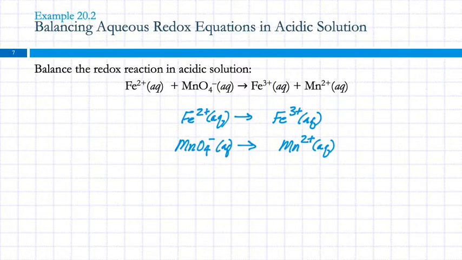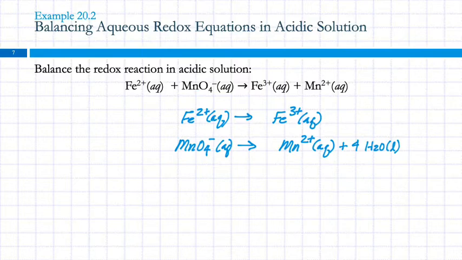I need to add water because that's what the steps tell me to do. So I'm going to add H2O, which is a liquid. We're assuming room temperature. How many of those do I need to get 4 oxygens? I need 4 water molecules to get 4 oxygens, right?